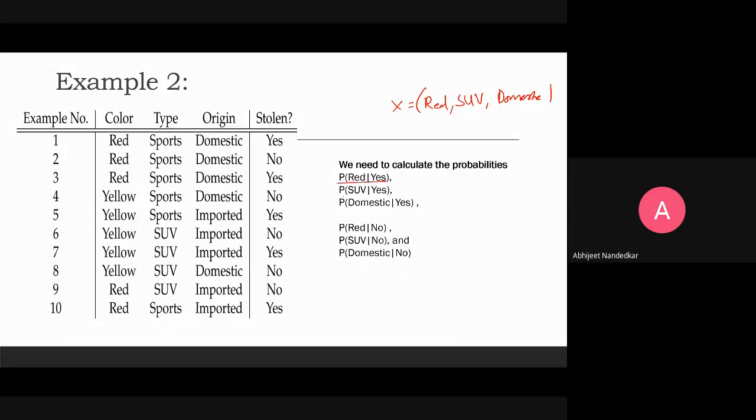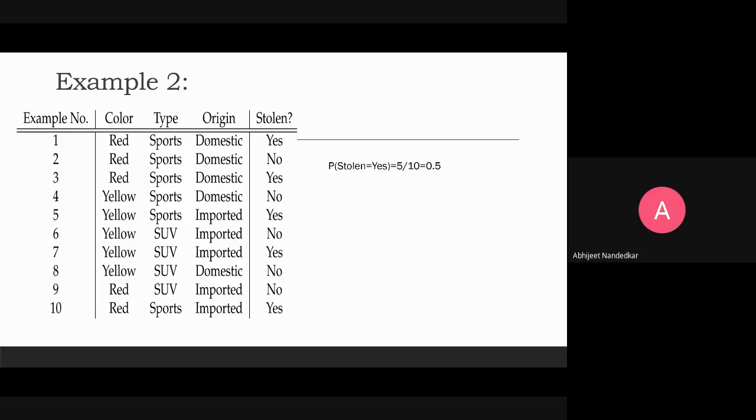Probability of getting stolen if it is SUV, probability of getting stolen if it is domestic, and the opposite questions are for no. So this is the yes bracket and this is the no bracket. So we want all these probabilities to solve this problem. So probability of getting stolen yes is 5 by 10 and no is 5 by 10.